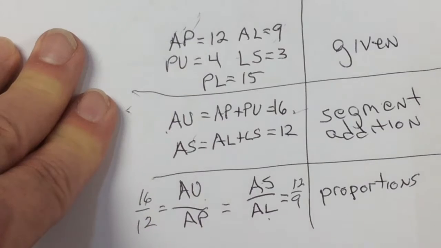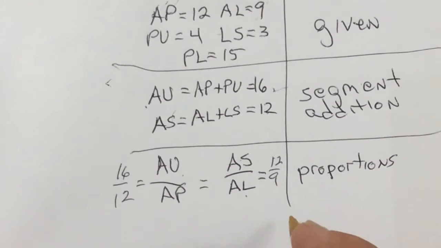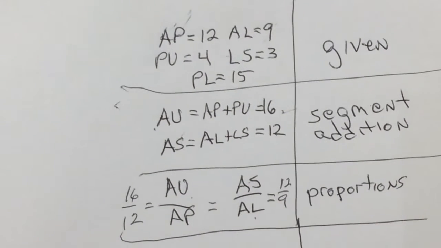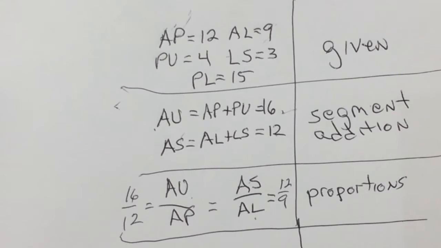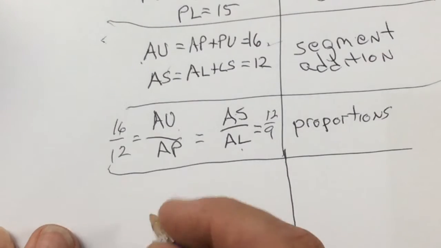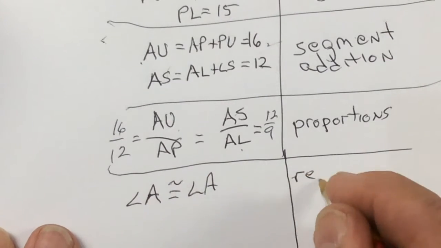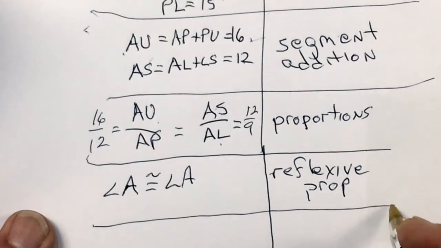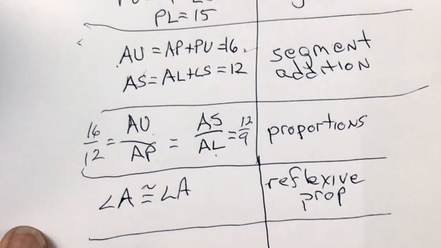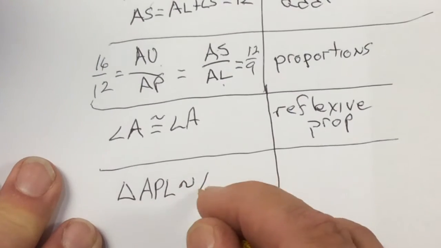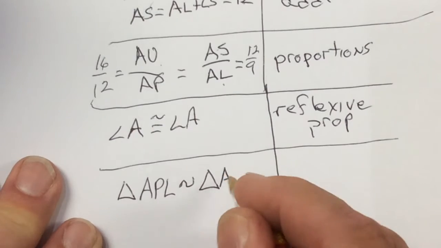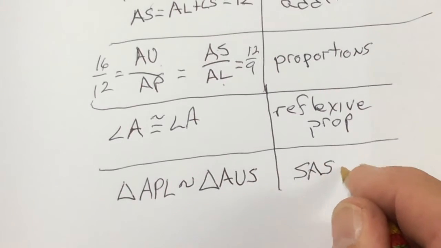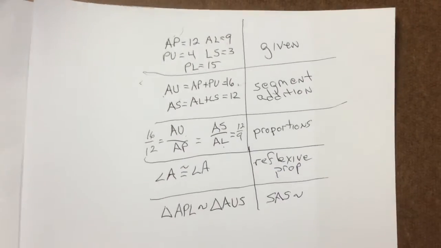We just showed that those were equal proportions. Am I done? Not quite. I can't use side angle side yet because I haven't said anything about an angle. But I actually know that angle A is congruent to angle A because of the reflexive property, which means now I know triangle APL is similar to triangle AUS because of side angle side similarity. And that's what the proof looks like.